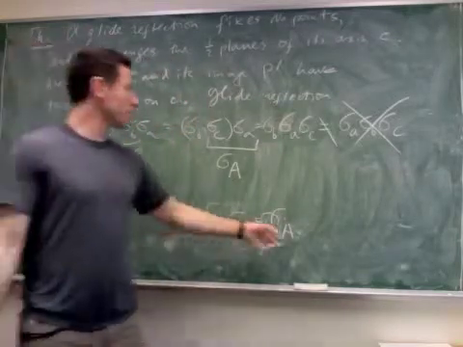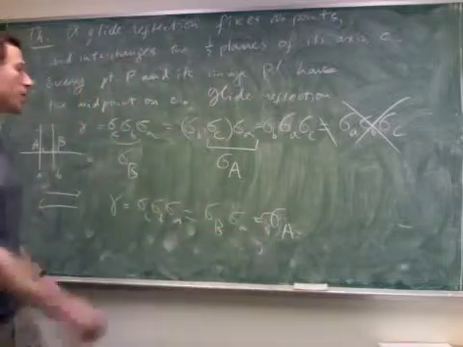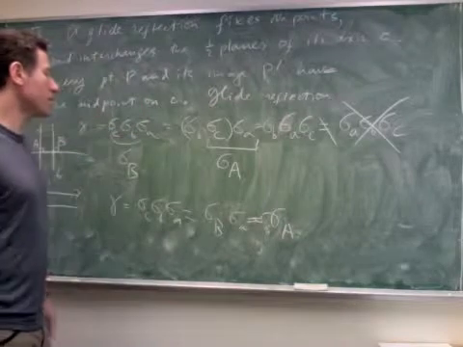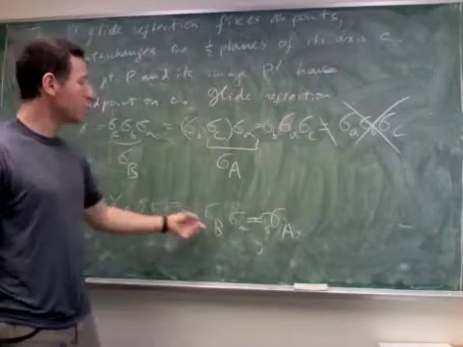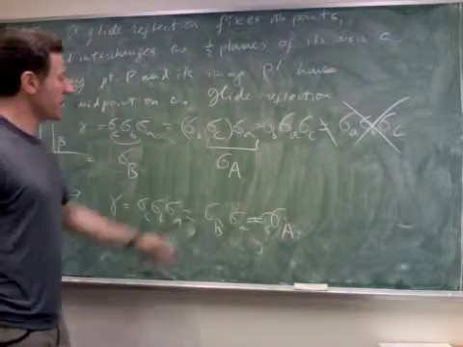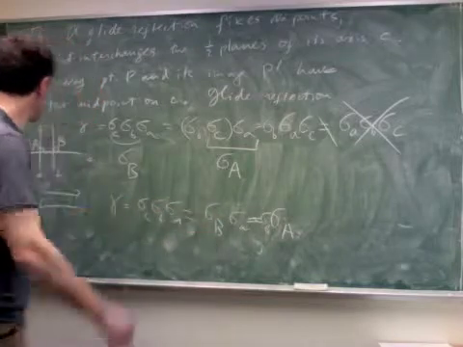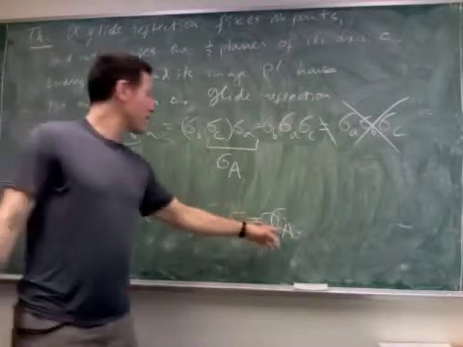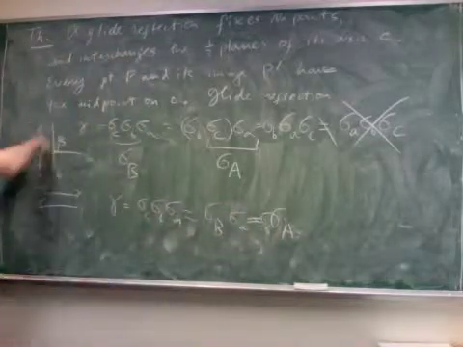Or we can start with the reflection and follow it up with a half turn. In both cases we have a half turn around some point off the line. So in this case B is some point off the line A, and in that case A is some point away from the line B.